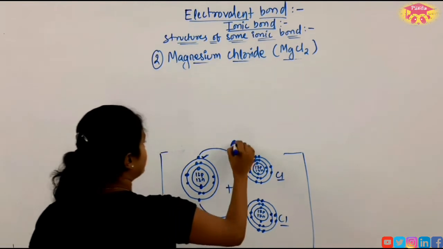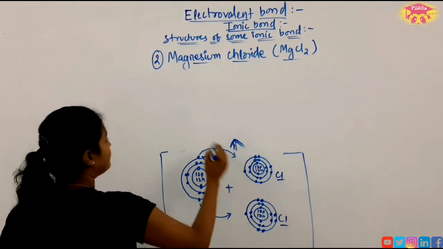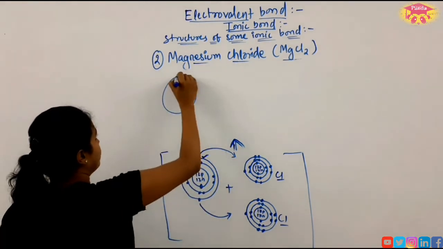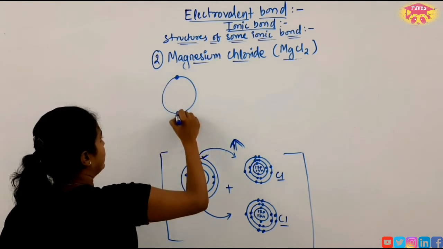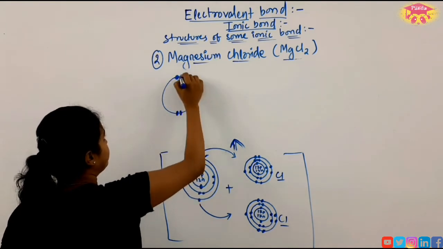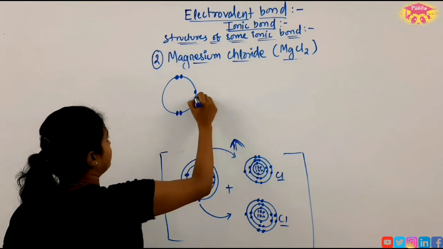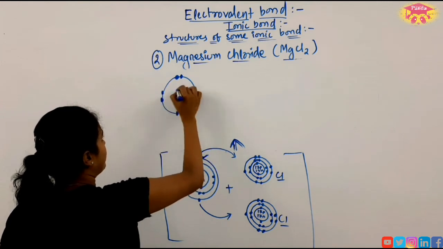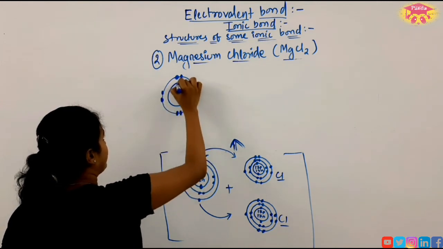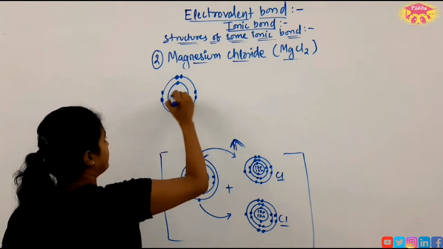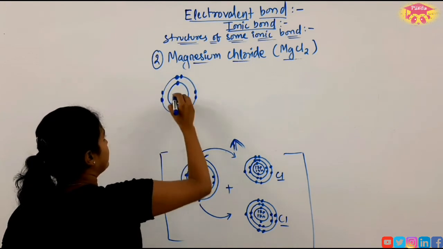Now the final structure will look like this: the magnesium atom containing 8 electrons in the outermost orbit and 2 electrons in the first cell, isn't it?